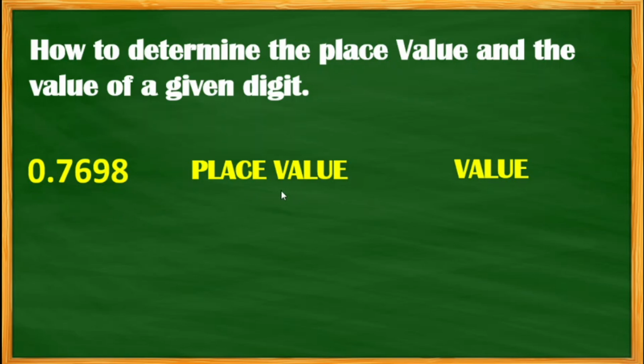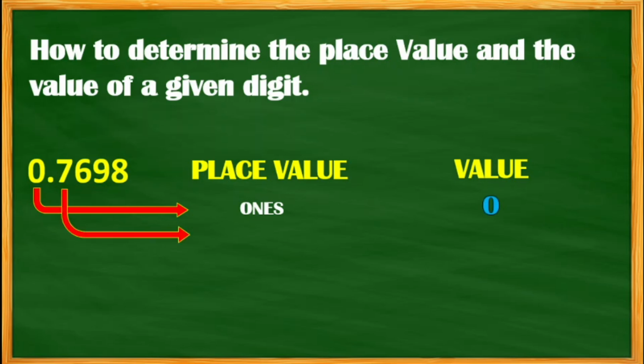First, we're going to find the place value and the value of these decimal numbers. So, let's start. What would be the place value of 0? This would be a whole number, right? In whole numbers, we start in ones. Very good. So, this would be ones. The value now is 0.